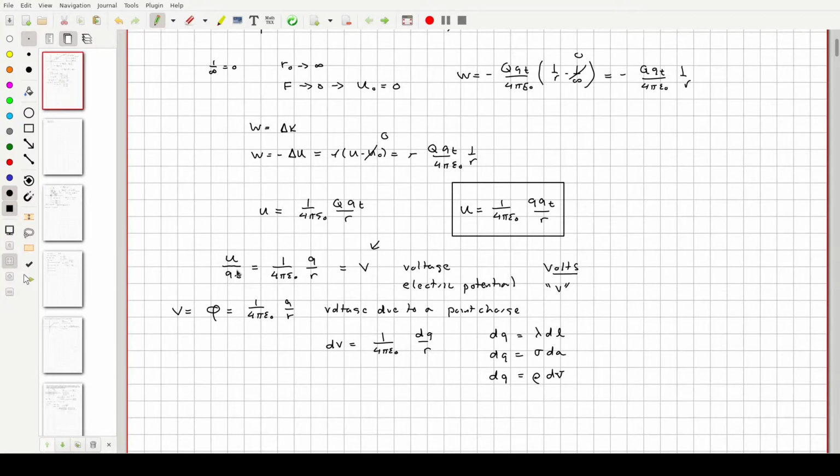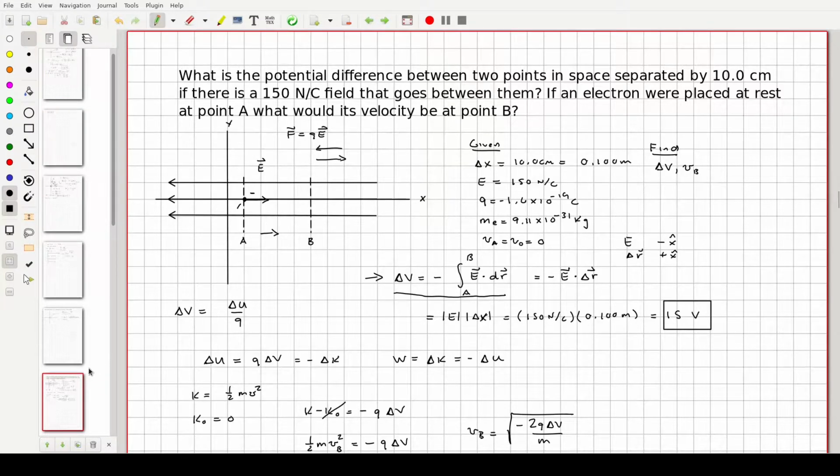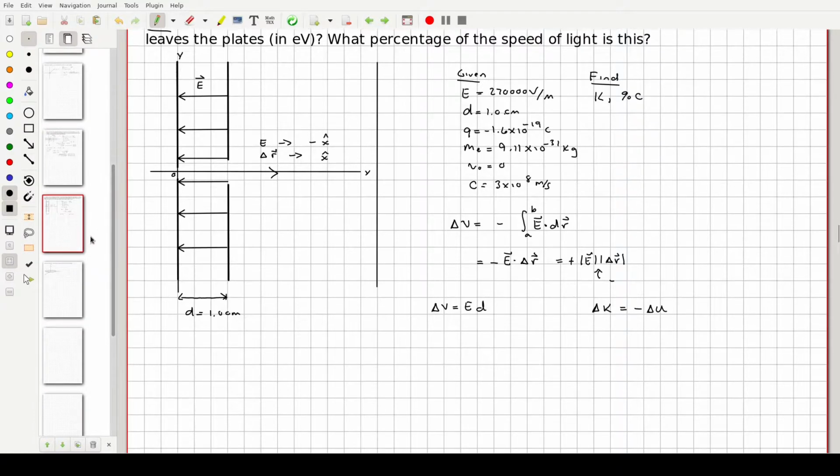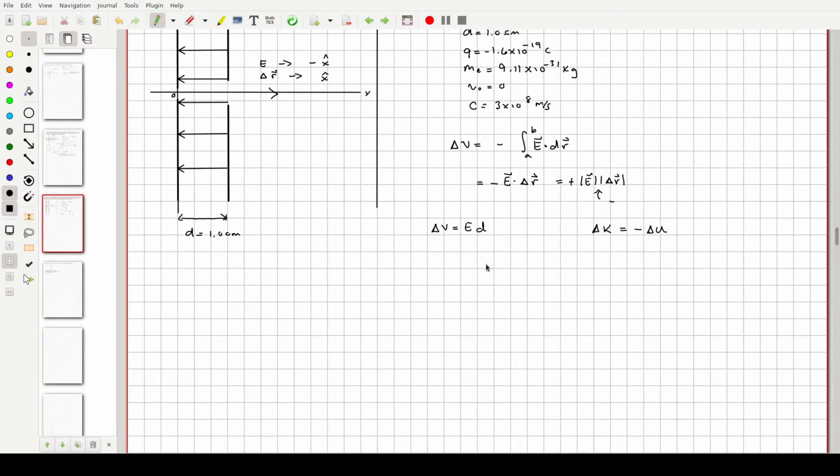Okay? So, here the test charge is the electron. So here, delta U is going to be Q times delta V. But that's going to be the same thing as minus delta K.